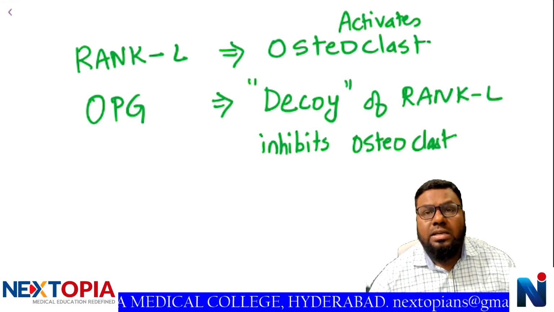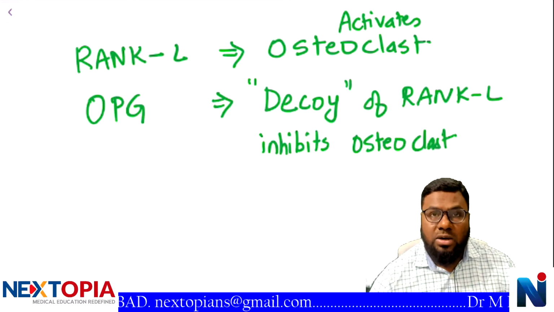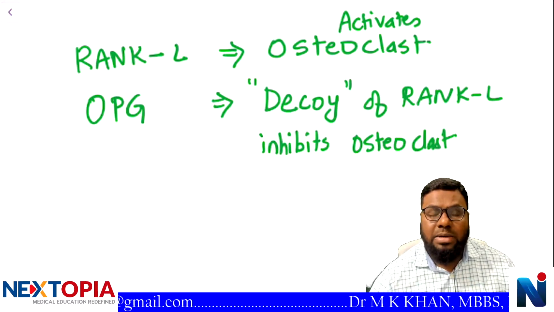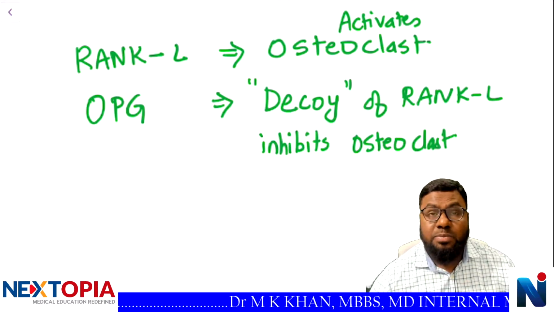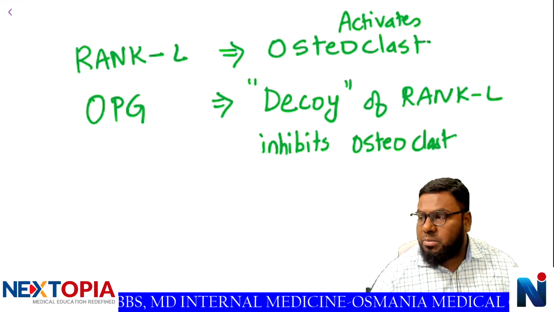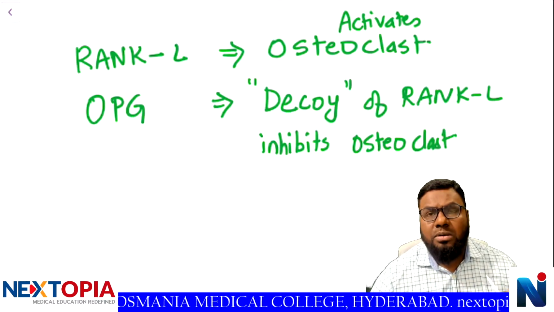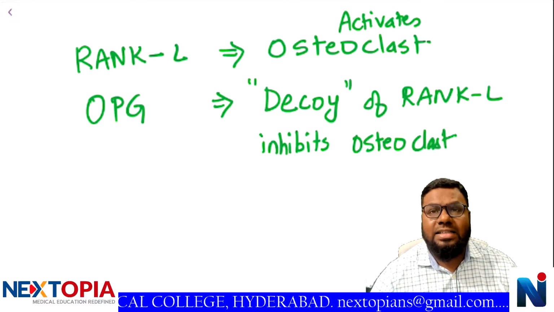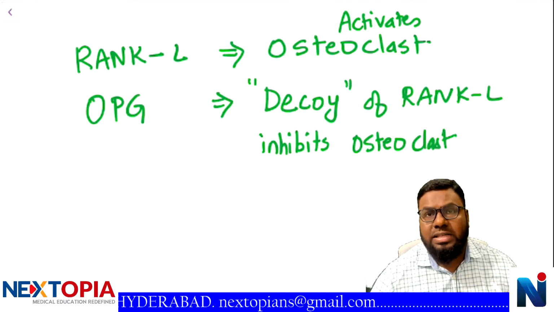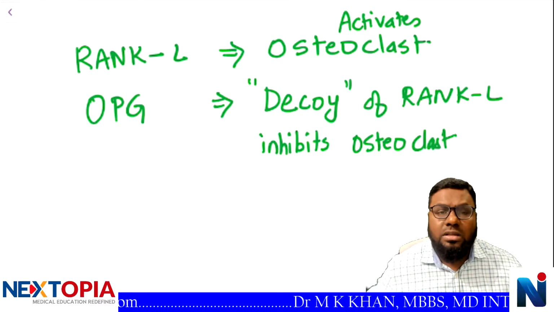There are certain hormones like glucocorticoids which increase the bone breakdown. There are certain hormones like vitamin D and estrogen which promote the bone deposition. All right, promotion of bone deposition and breakdown are because of increase and decrease in the RANK ligand and OPG synthesis. This is the basic mechanism by which the bone remodeling occurs.